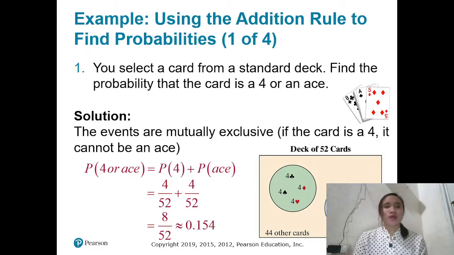Then probability of 4 or ace is equal to probability of 4 plus probability of ace, which is 4 over 52 plus 4 over 52, equal to 8 over 52, or about 0.154. We use the addition rule formula to find probabilities.